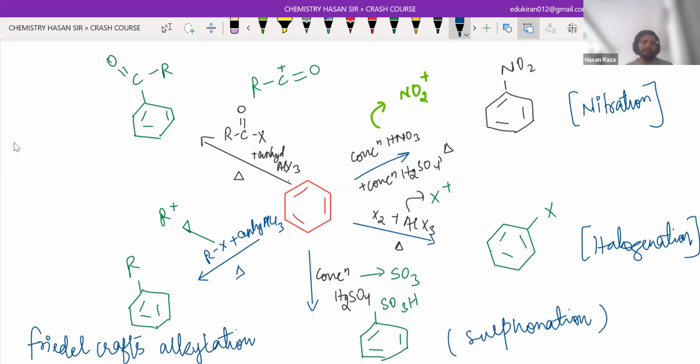And this is your Friedel-Crafts acylation. Acyl halide is added, so this is Friedel-Crafts acylation. So it's very easy: nitration, halogenation, sulfonation, Friedel-Crafts alkylation, Friedel-Crafts acylation, and very important as well.